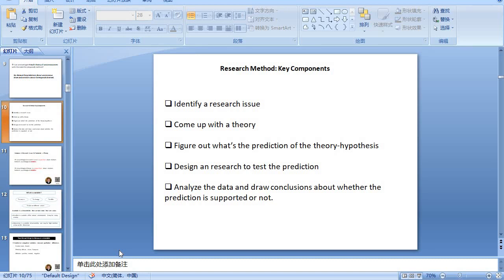According to my theory, which says anxiety disorders may be caused by earlier traumatic experiences, I can derive hypotheses. I can generate several or rather many specific predictions based on my theory.